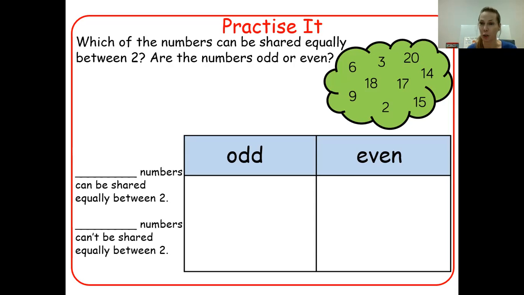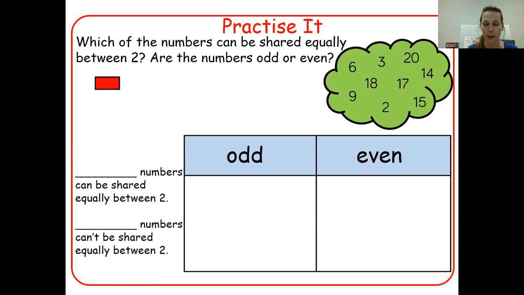I'm going to show you with some pictures that represent my Lego, okay? So I'm going to start with 6, and I'm going to divide 6 into 2 groups, 2 piles, and if those piles are the same, I know that's an even number, and if there's 1 left over, I know it's an odd number. You ready?